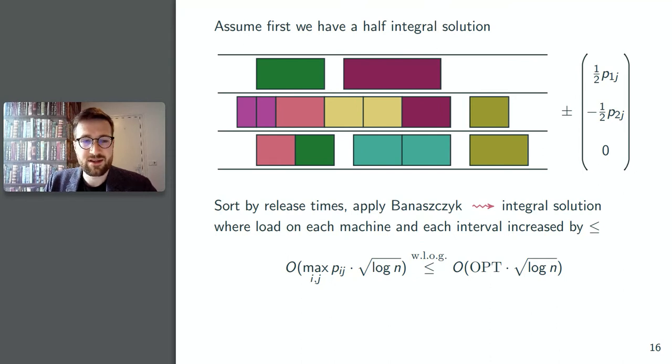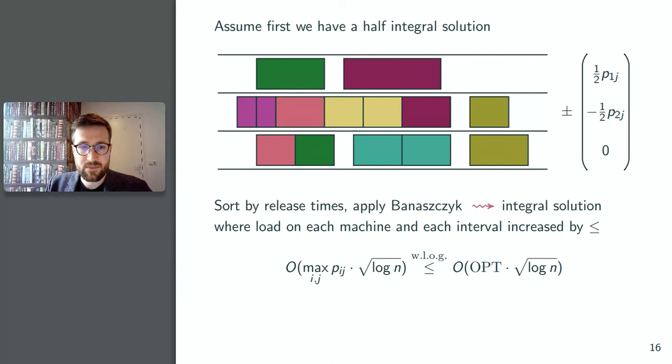With a little bit of care, you can easily make sure that the maximum of the processing times is essentially bounded by opt, so by the maximum flow time. And this means that the error that we induce is only opt times square root log n.